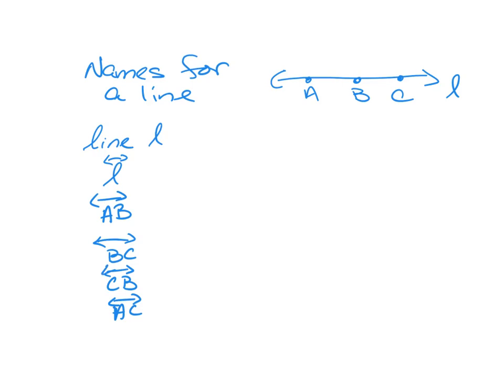Are there more? There's a lot more, actually. You got BA, CA. I think we might have them all now. Okay? So they can be in any direction, just two points. You name it with two points.